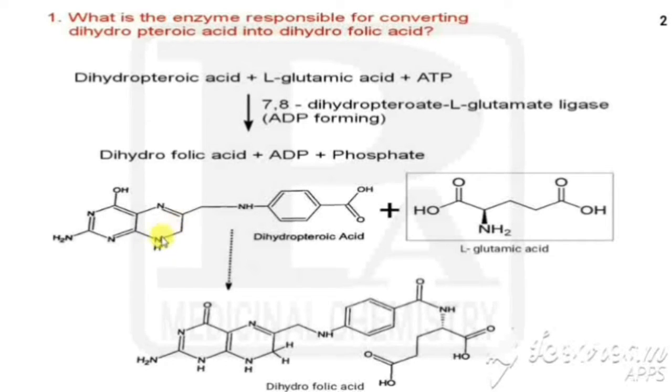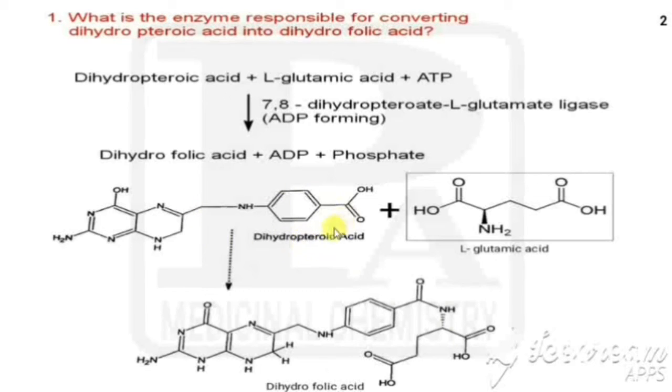That would be absent here. By replacing the double bond, two hydrogens will be added between 7 and 8. That's why it is called 7,8-dihydro. This is pteroic acid. By the addition, OH combines with H and is removed as water. That's why the carbon has to connect with NH, and that's why we got that.